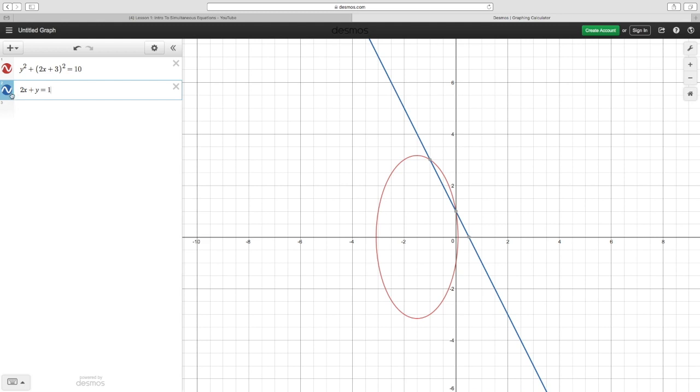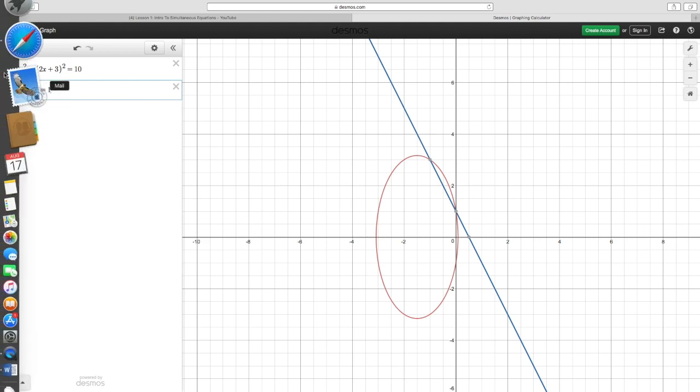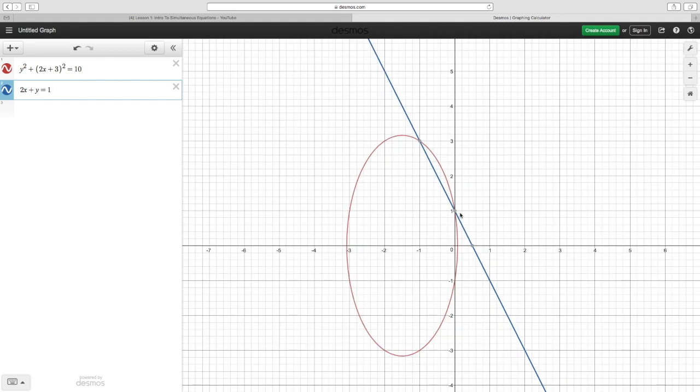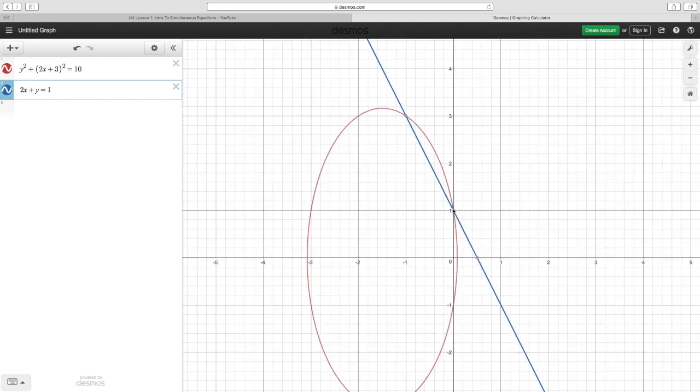And Desmos nicely shows us, okay, the blue line, that's this one over here. The red line, that's the ellipse over here. If we zoom in, we can even see where they intersect, right? So Desmos is smart enough to show us, hey, this blue line and this red line, they intersect at -1, 3, as well as 0, 1.